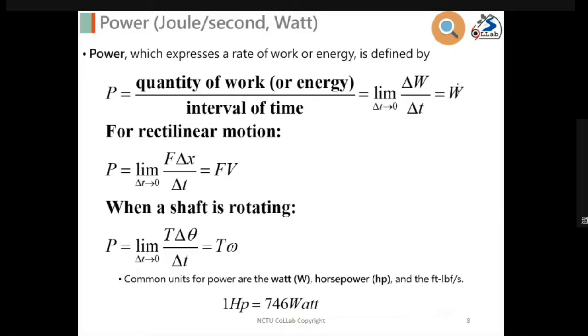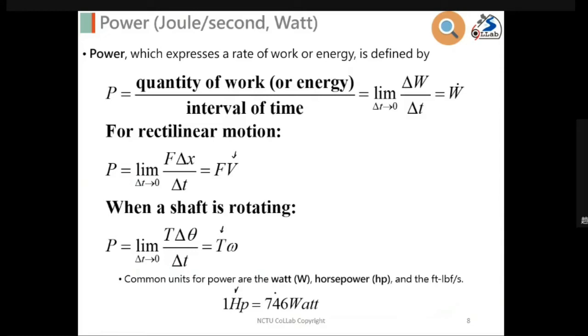Since we already compute the energy or the work, divided by a certain time interval, we will have the power. Usually we call it the rate of work. The power can be directly computed by the force multiplied by the moving velocity. And if our problem includes rotation, the power is equal to the moment multiplied by the angular speed.